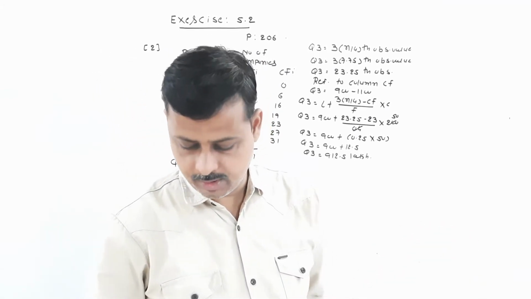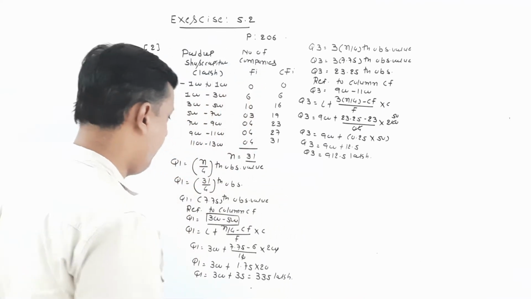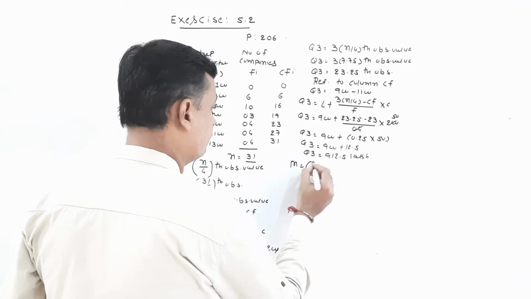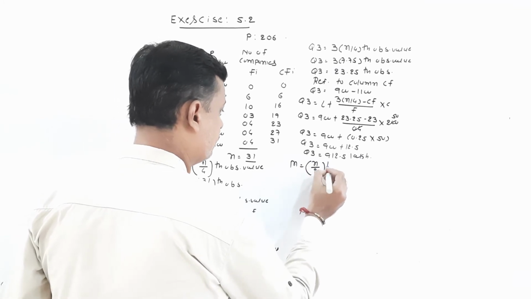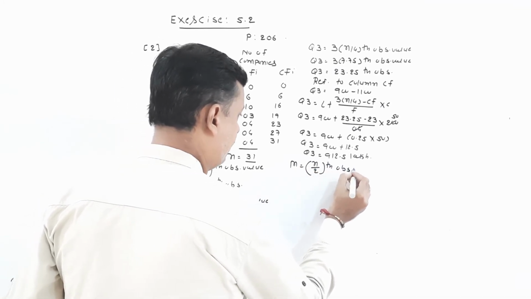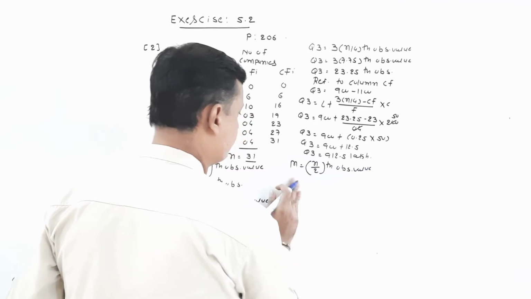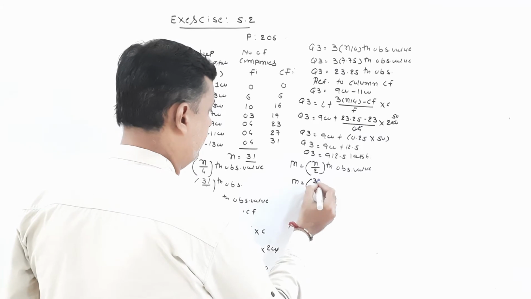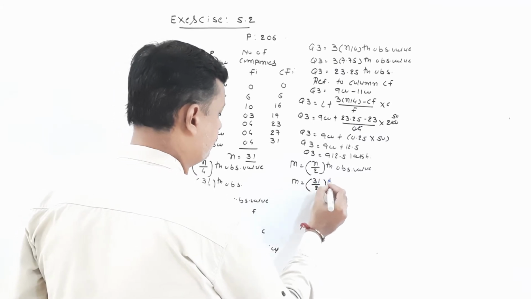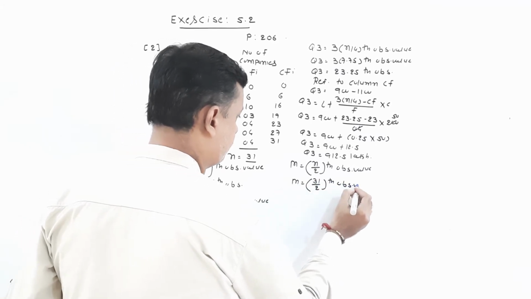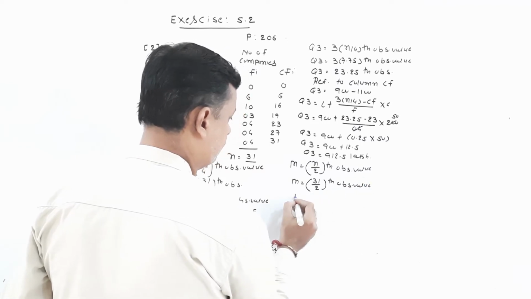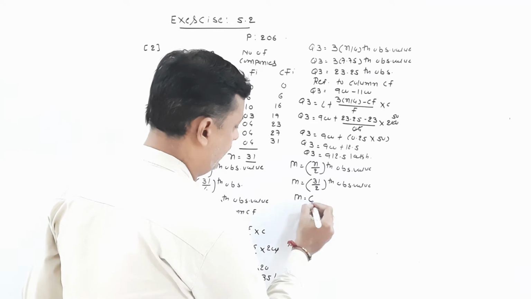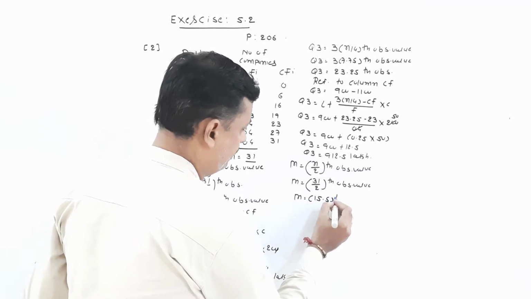Now median is required. N by 2, that is 31 upon 2, which is 15.5.